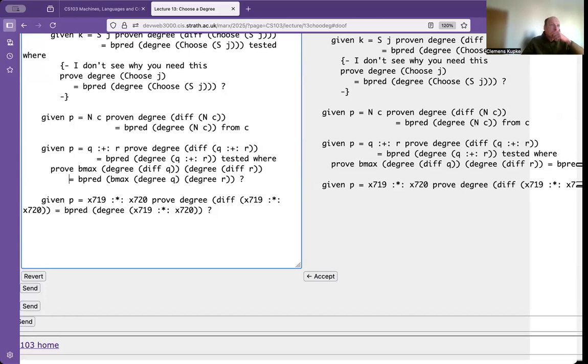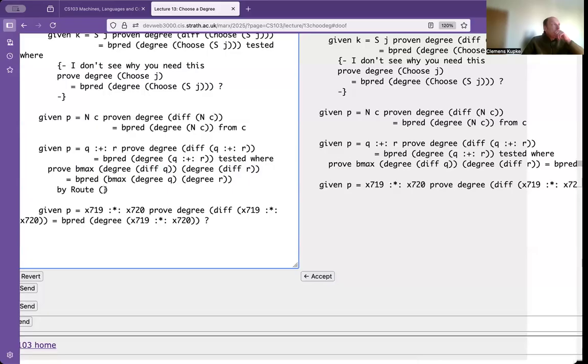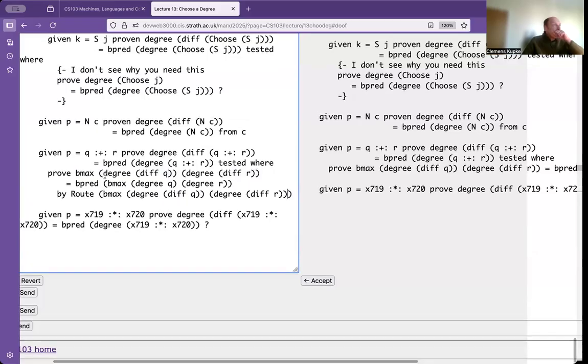And the main weapon we have in our arsenal is the fact that we know induction hypotheses for Q and for R. So our strategy is to say by root, and I'm going to pick up the left-hand side of the equation because that's what I'm going to take a step from.